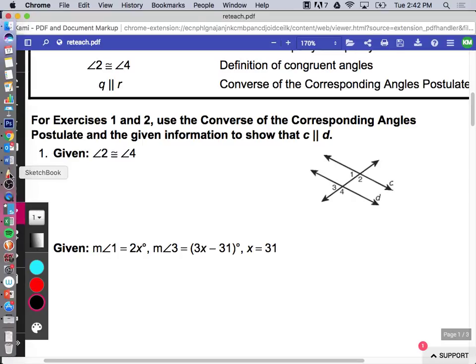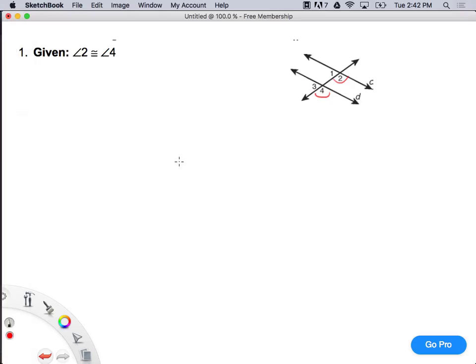Well, wait a second. If these two angles are congruent and they're corresponding, what do I know about C and D? They're parallel. So I don't need to do anything. That's just given. And then I say, guess what? C is parallel to D. How do I know? The converse of the corresponding angles postulate.